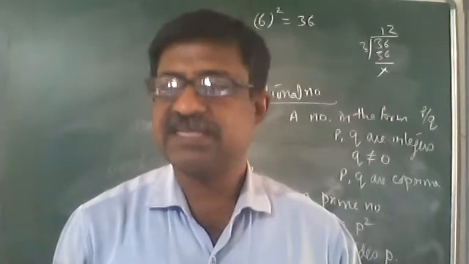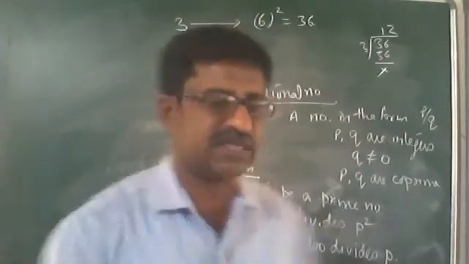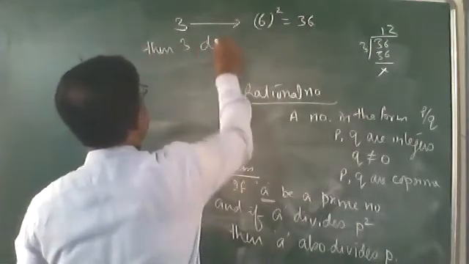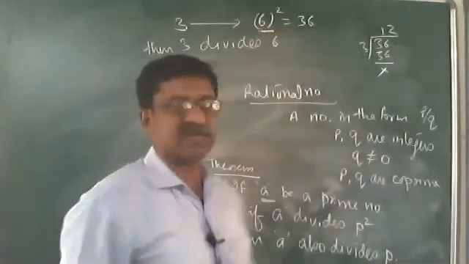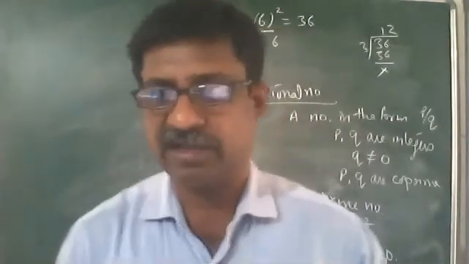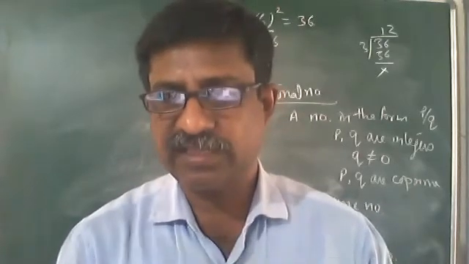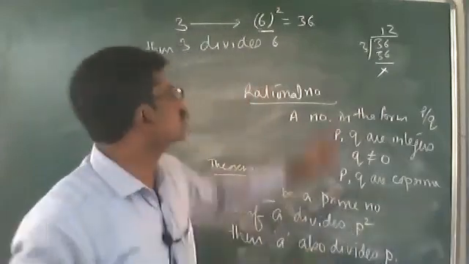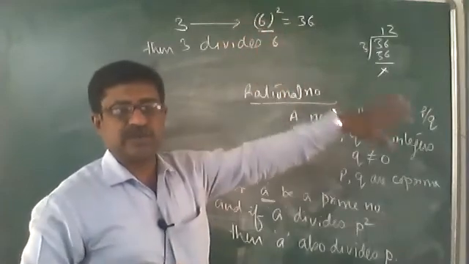The theorem says if 3 divides 36, the square of 6, then definitely 3 divides 6 also. If 3 divides the square of 6, then it will also divide 6. Clear? Any difficulty?